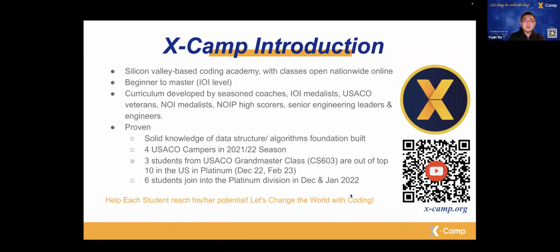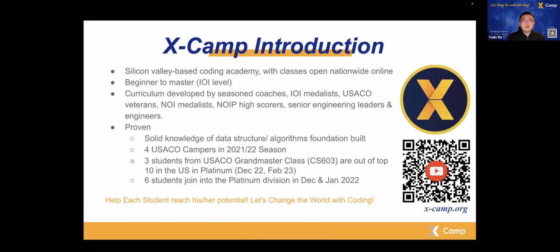So my name is Yuan, and I'm the co-founder of XCamp, and I'm in charge of XCamp's teaching research, and technology platform. So XCamp is a Silicon Valley-based coding academy. We offer classes nationwide in online format right now. Our class goes from beginner level to master level.